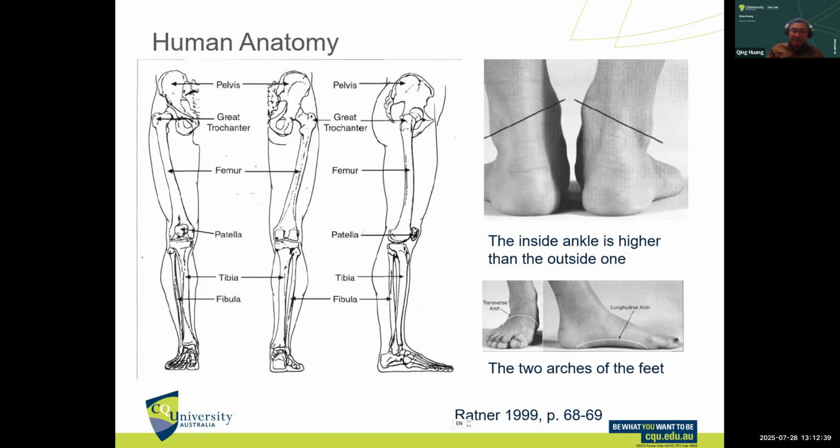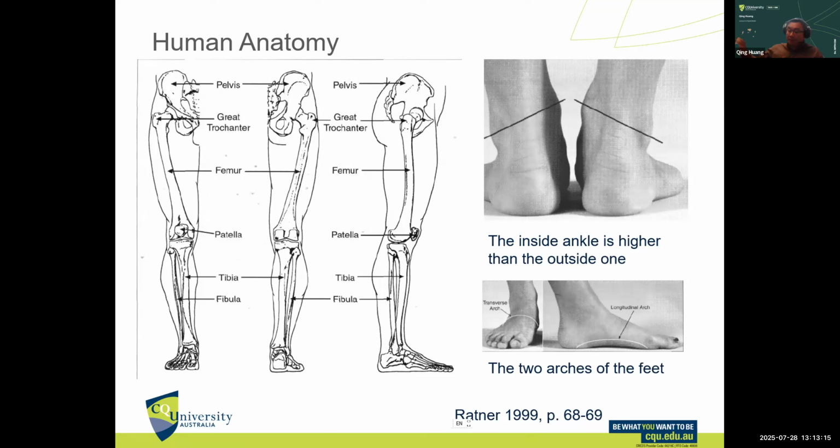A lot of main features characterize the human leg. For example, the tibia slants this way, inwards. That's a very distinctive feature that differentiates us as human erectus, because humans are bipedal. This sort of structure supports the whole weight.